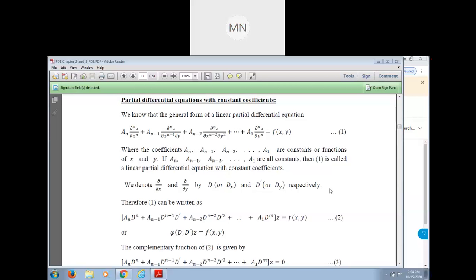Besides p and q, we included the second order derivatives, like small r, small s, small t. These are the second derivatives, and p and q are what? First derivatives.